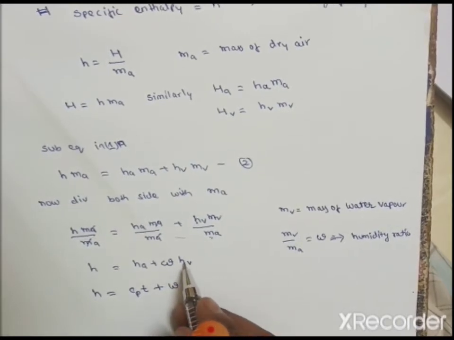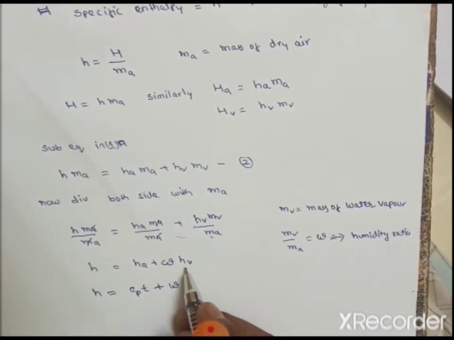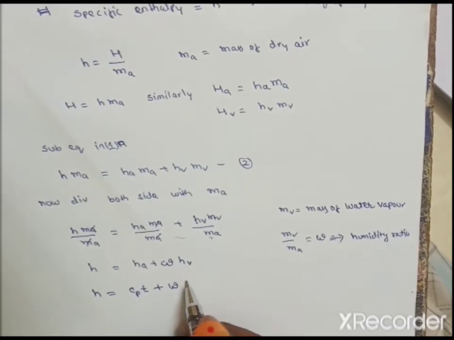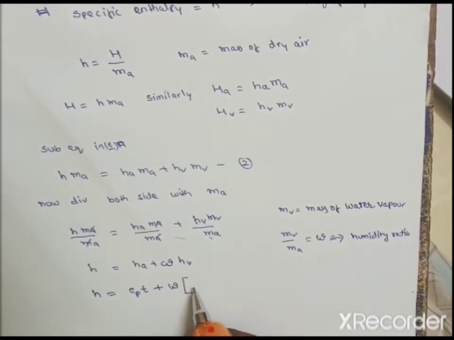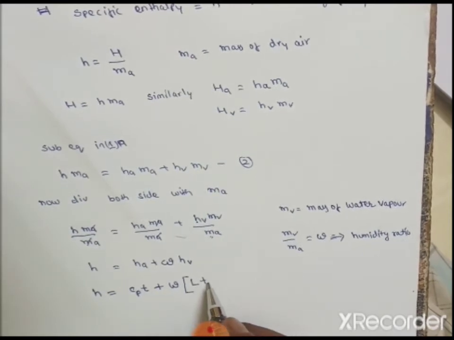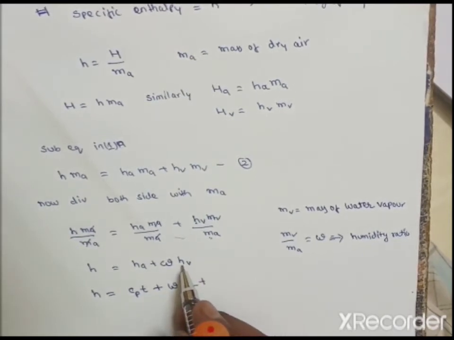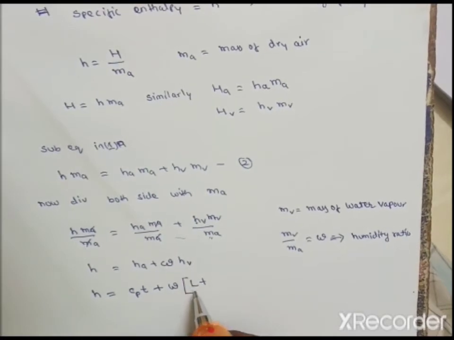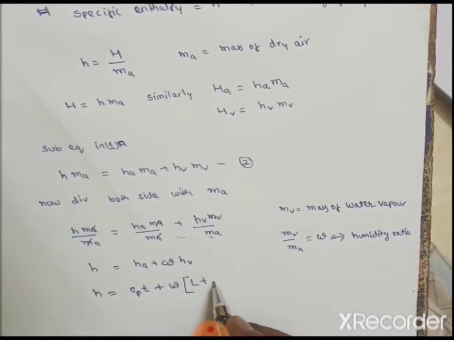Now hv is the enthalpy of water vapor. The enthalpy of the water vapor is a sum of latent heat and sensible heat.